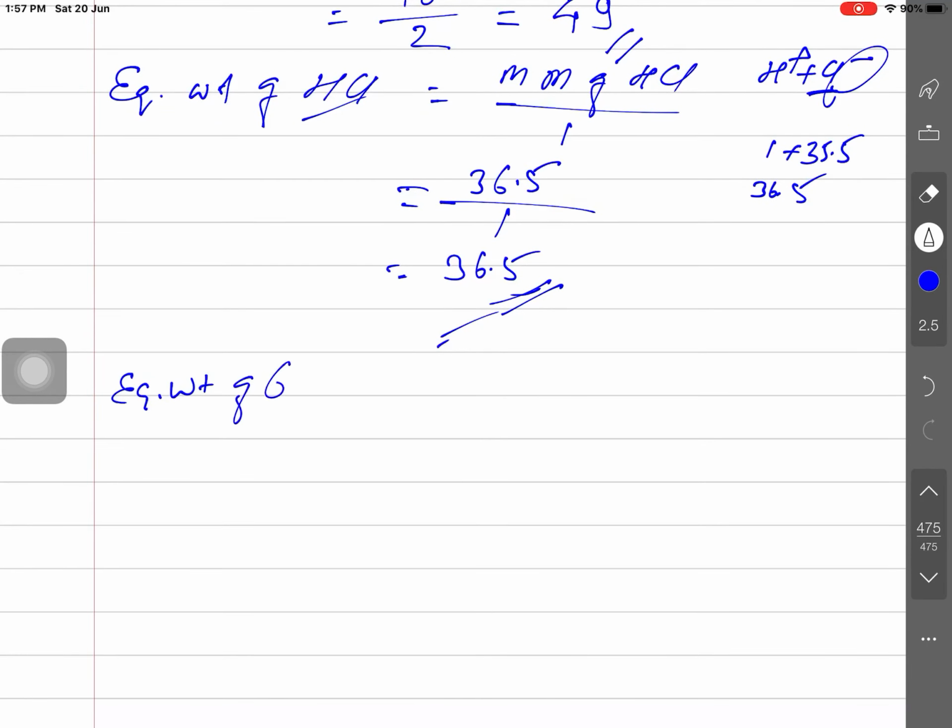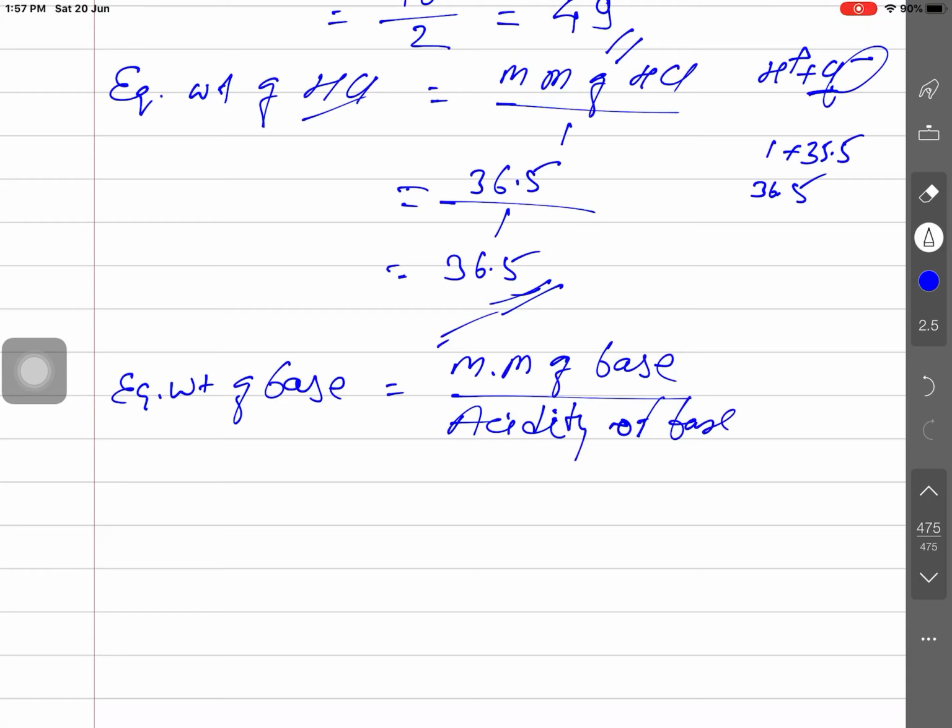In the same way, for the equivalent weight of a base, the definition is the same: molecular weight of the base divided by the acidity of the base.